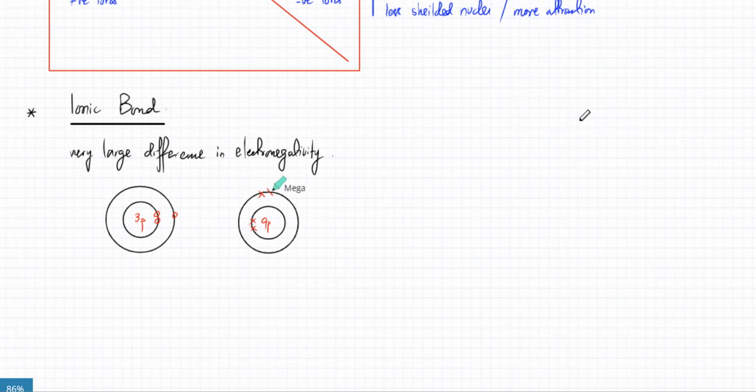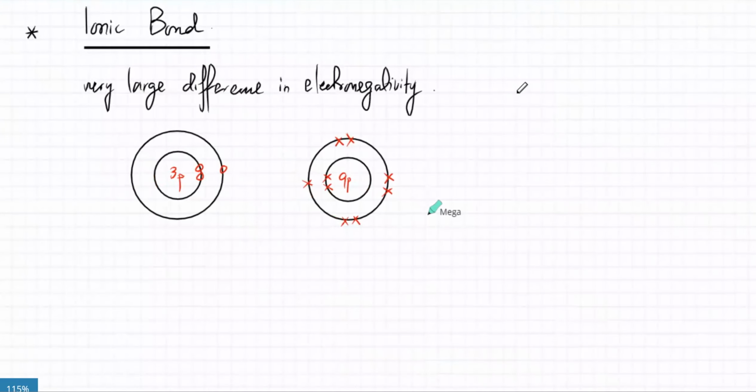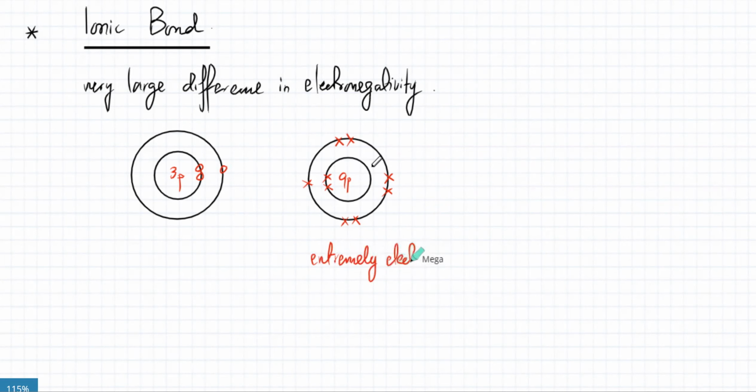Now, for chemical bonding to happen, there must be space available in the outer shell. I mean, if fluorine needs to gain electrons, there has to be some room available where it could keep those electrons. Now, fluorine is extremely electronegative. It's one of the most electronegative elements out there.